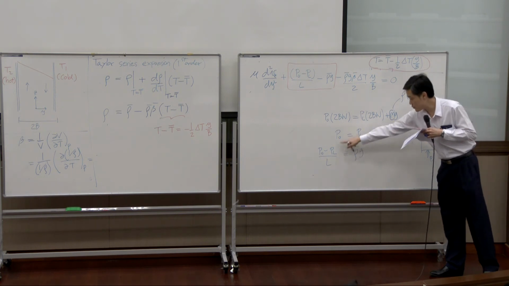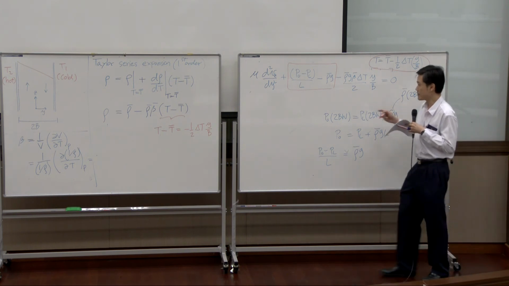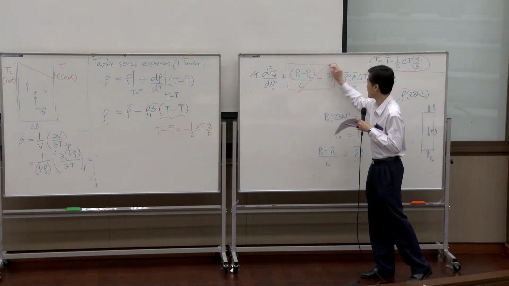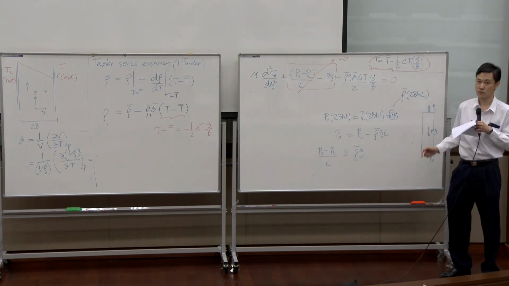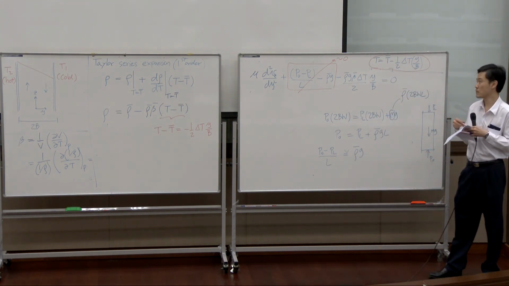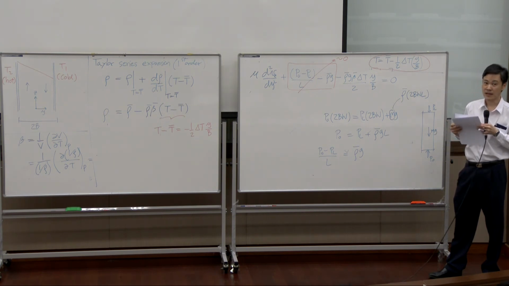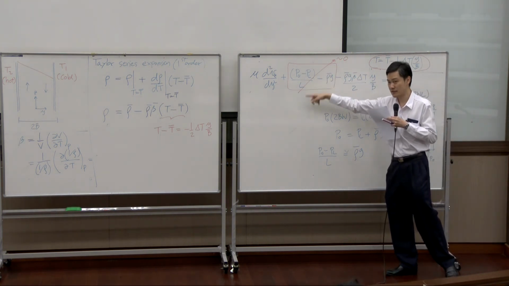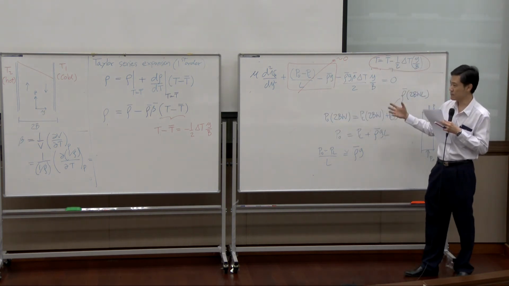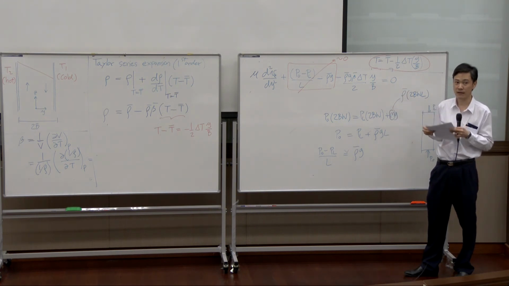So if we use this approximation, we can see that this term is approximately 0. But in detail, if you want to derive and eliminate this, maybe you would need 4 more pages. But we can do that.